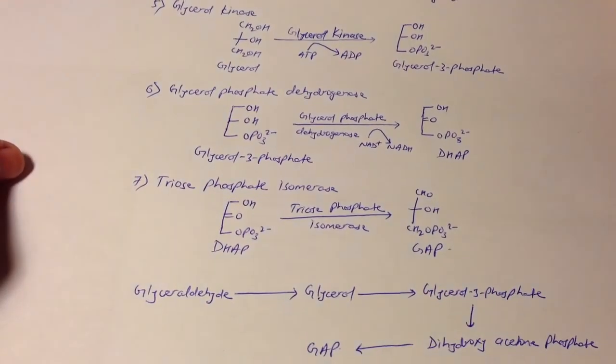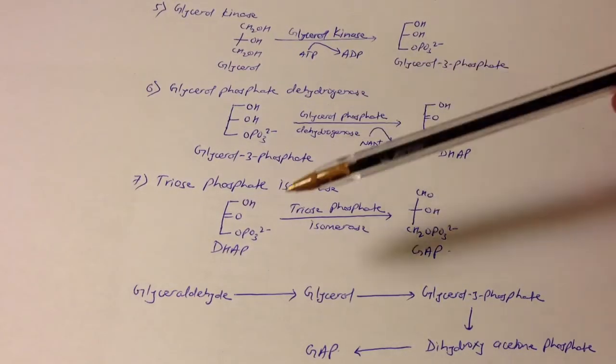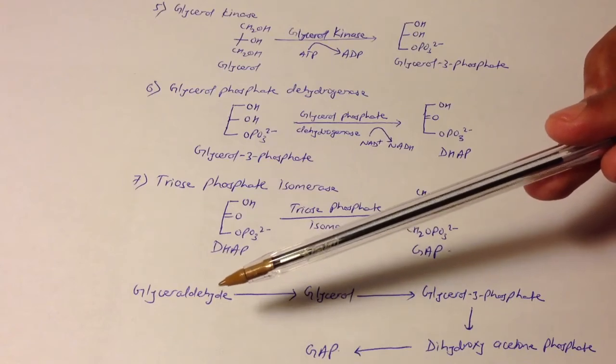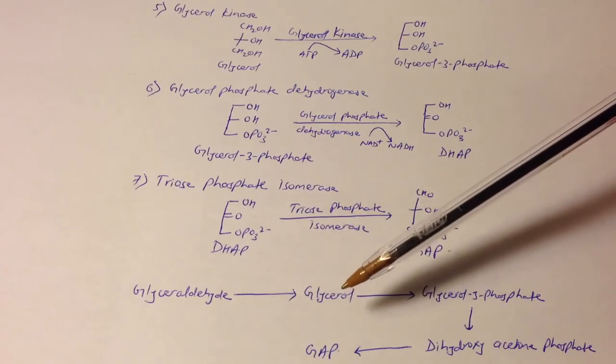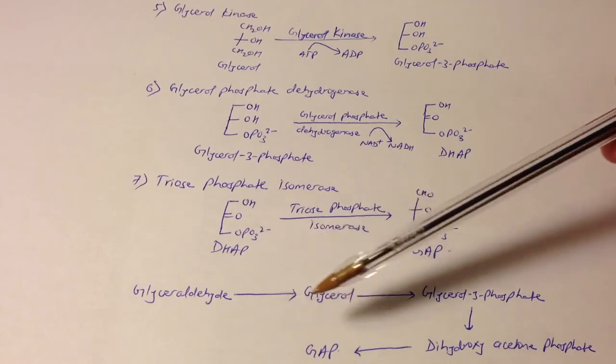Now let's just review the reactions of how fructose enters glycolysis, starting from the glyceraldehyde we made in reaction number 4. So first, the glyceraldehyde is converted into glycerol by enzyme alcohol dehydrogenase, and this is the reduction reaction.